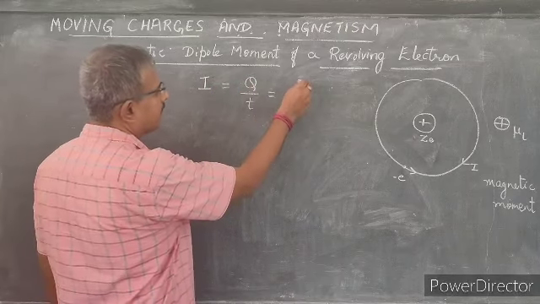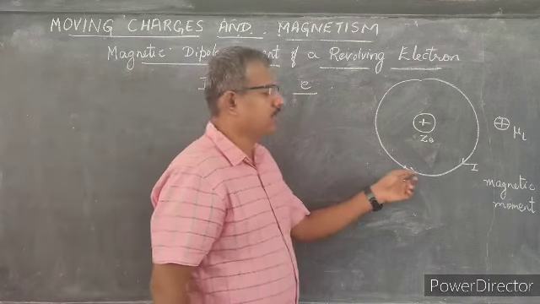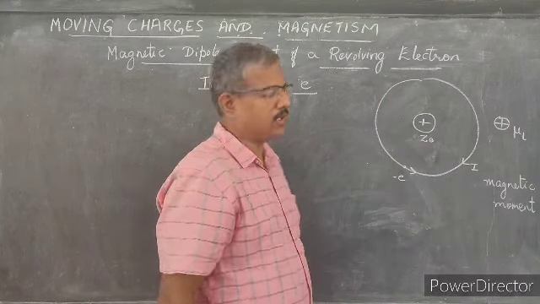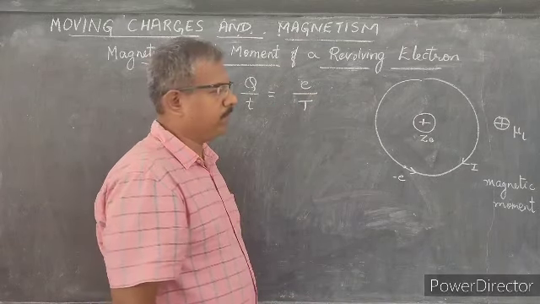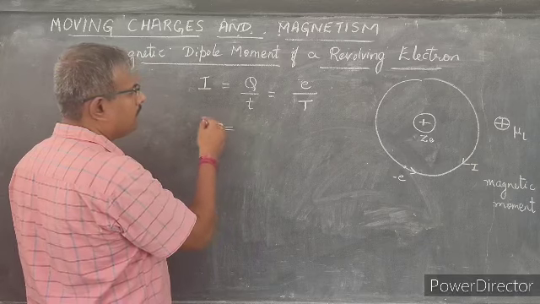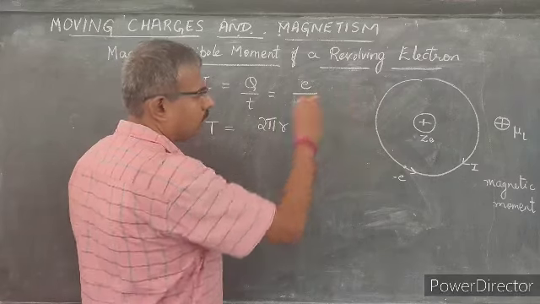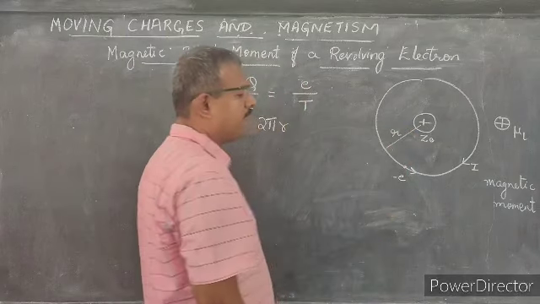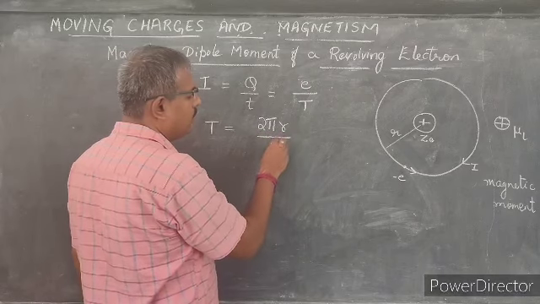Here the charge is e divided by the time taken for the electron to complete one full revolution, which is the time period of the electron given by capital T. If I expand on this, we know that the time period is given by 2 pi r, which is the circumference of the orbit, assuming r to be the radius of the orbit in which the electron is executing its motion, divided by the velocity v.